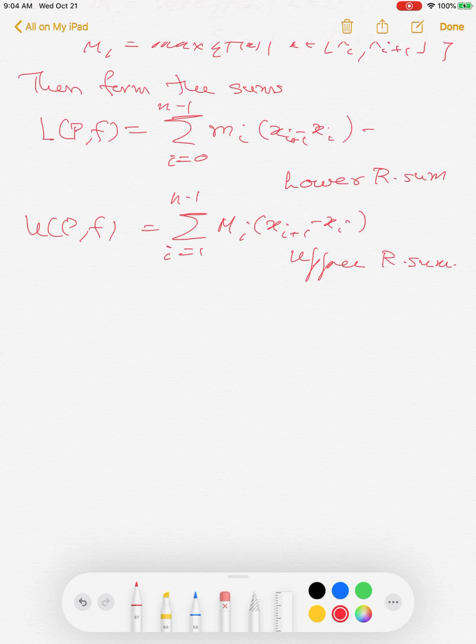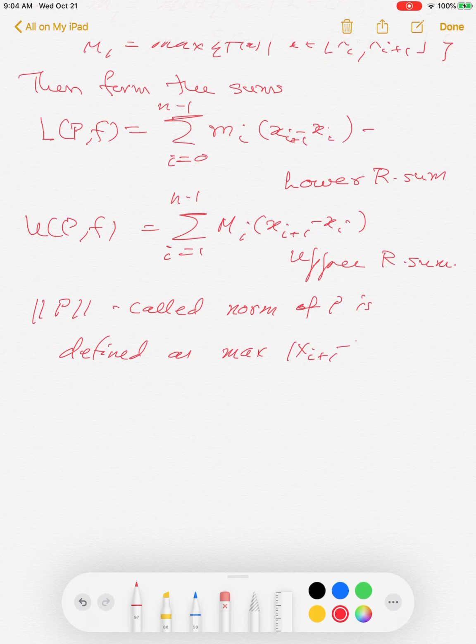But before that, I will make the notion of partition becoming finer more precise. One defines the norm of P. This has nothing to do with the norm of a vector, it's the norm of a partition. Norm of P is defined as the maximum of the width x_{i+1} minus x_i, where i runs from 0 to n minus 1.